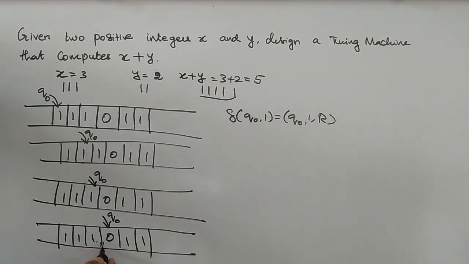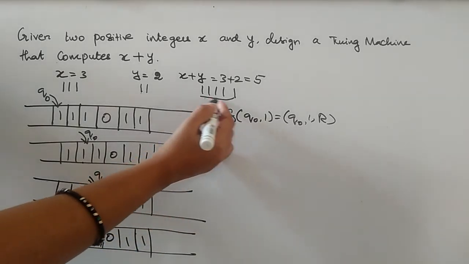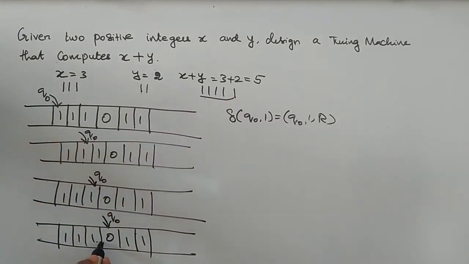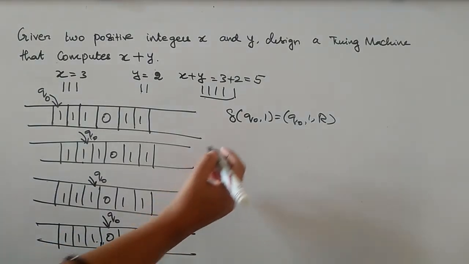Now you should consider this. Here we would like to get 5 ones, but here we have the digit 0. So we should replace this 0 by 1.